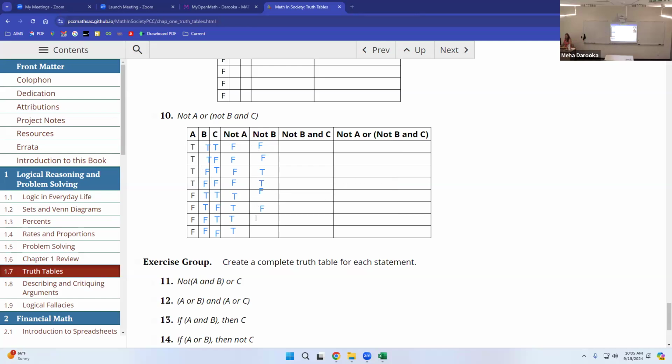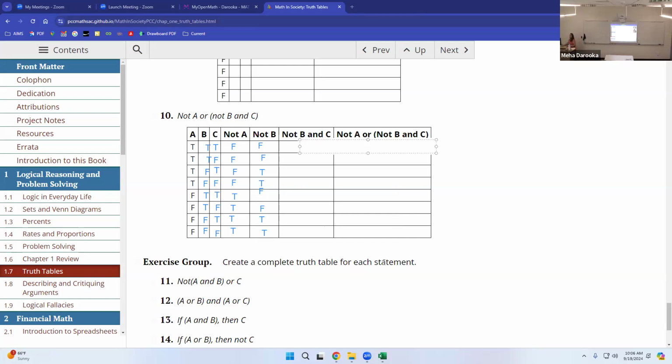And the last two were falses, so they will become true and true. You are literally just going with the opposite truth value from what column A and column B had.